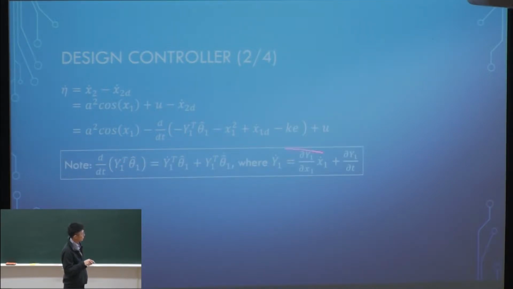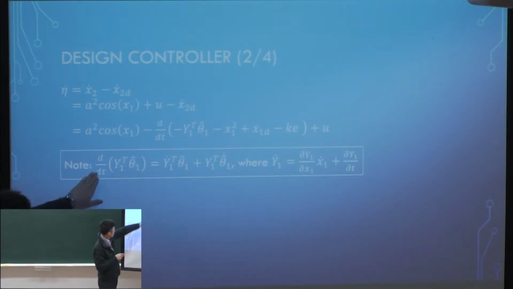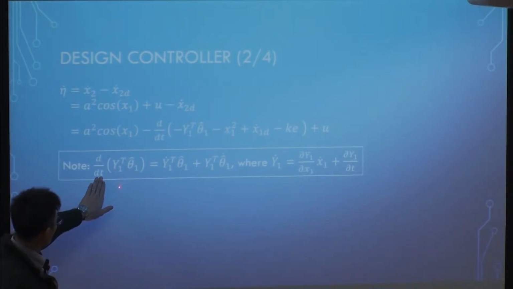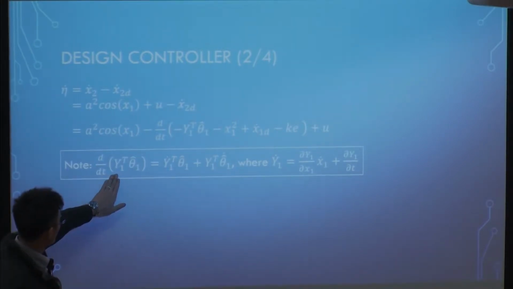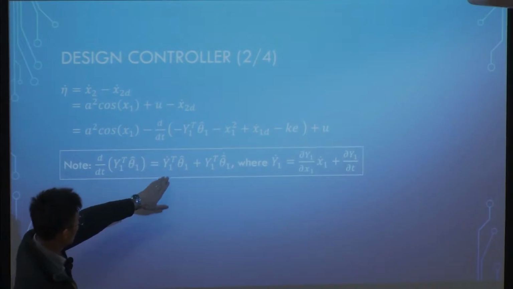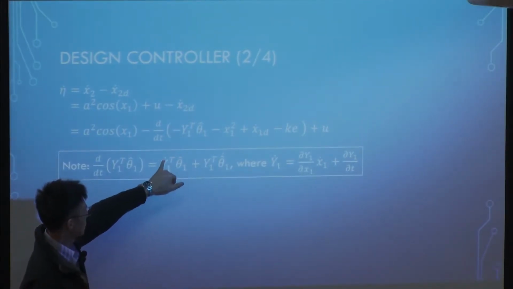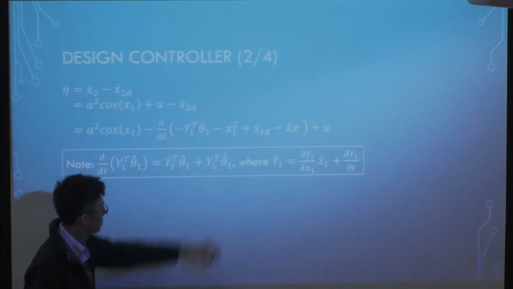I skip this part because it's just some calculations. But what is critical here is that when you take the time derivative, you need to decompose it into two parts, right? First, you take the time derivative of the first part and then the second part.